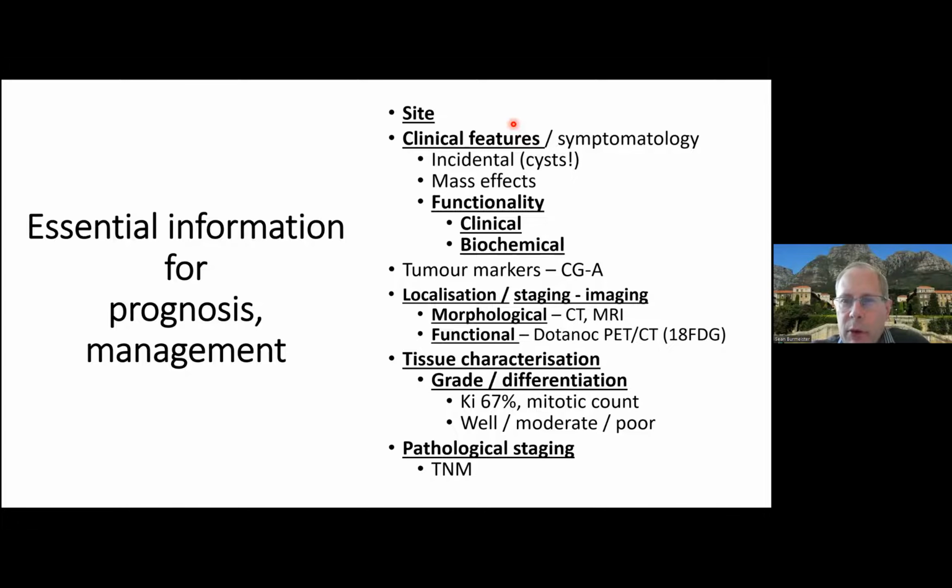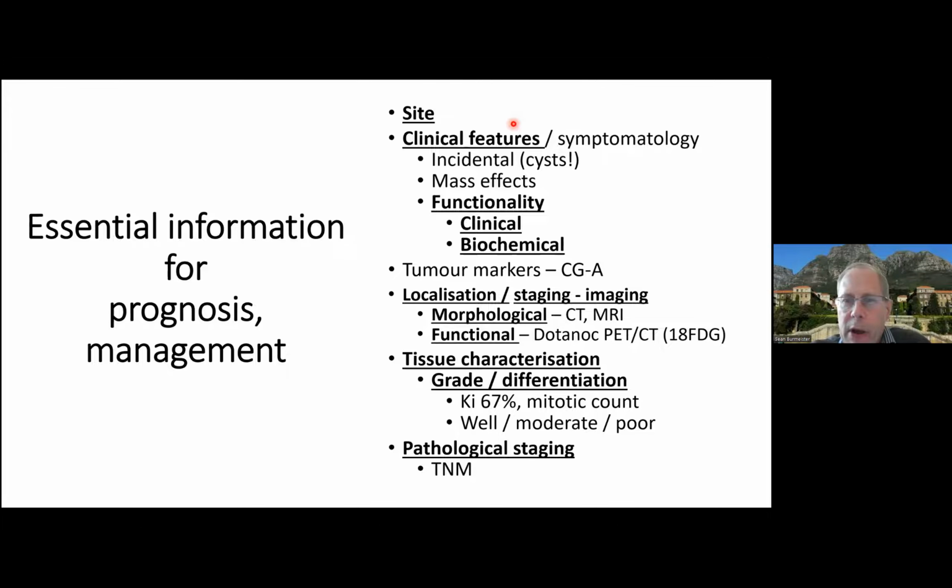So chromogranin A is probably what we use most of the time, unless you're talking about a specific functional syndrome. What's really important, of course, is localization and staging of these tumors, and that obviously involves imaging. There are a number of modalities available to you here, but you need to think of them in different contexts. There's morphological imaging, which one would do with either CT or MRI.